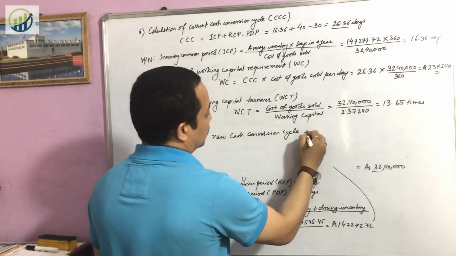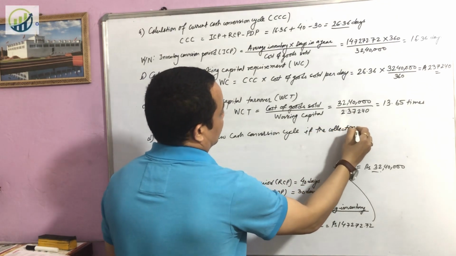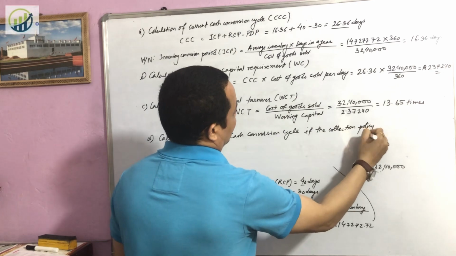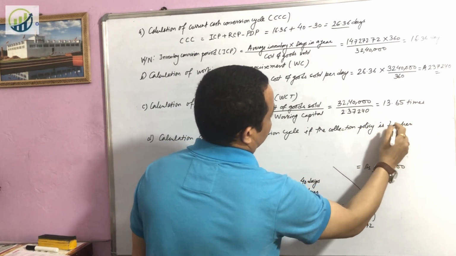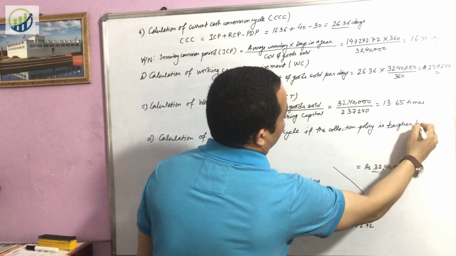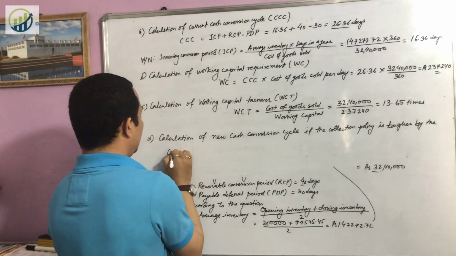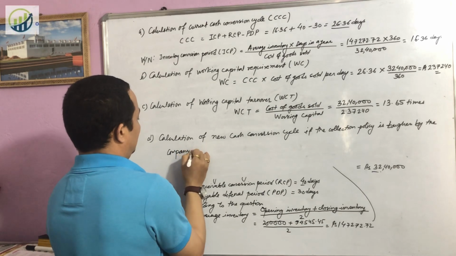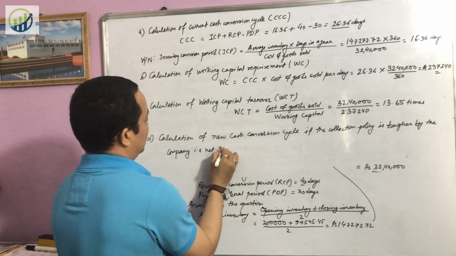If the collection policy is toughened by the company, that is net 30.